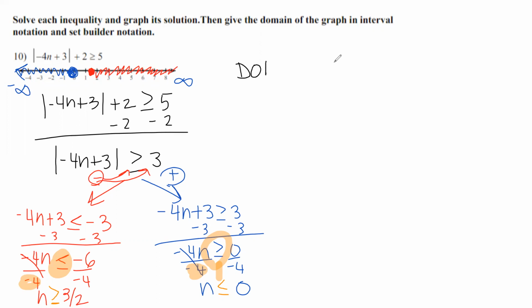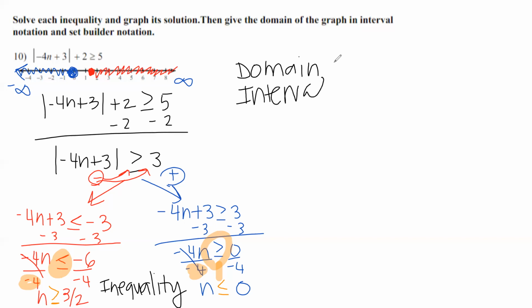Again, we have our domain. We have it in our inequality notation, and we want it in our interval notation. So going from the left side of our number line way down here at negative infinity, it is existing, and our graph continues all the way up until 0.